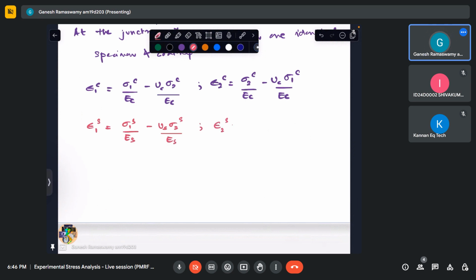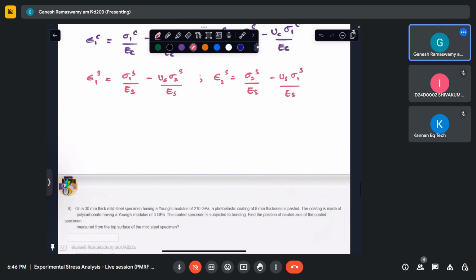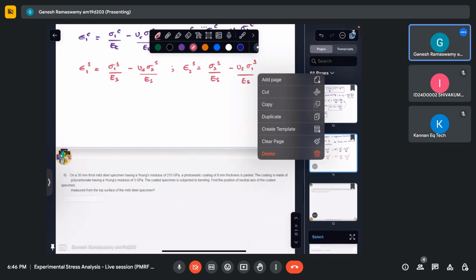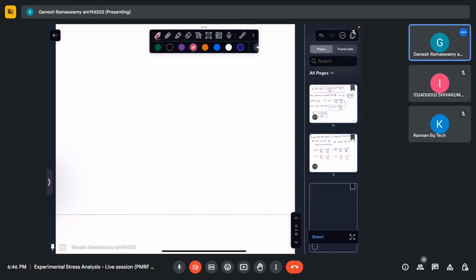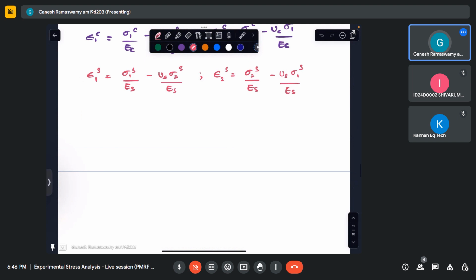by ES. Now, having got this, we say that the adhesive between the coating and the specimen faithfully transmits the load, transmits strains.